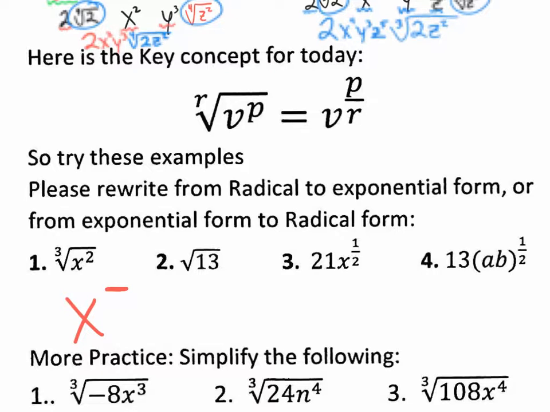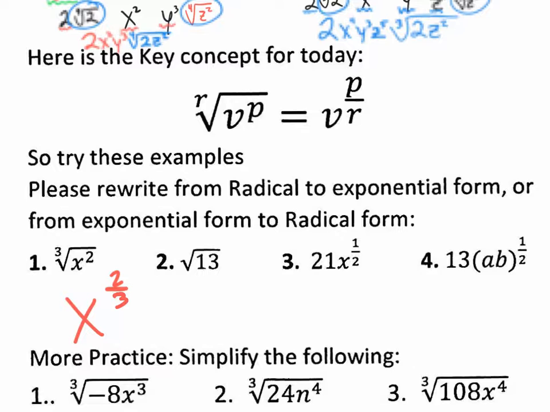So you're going to have a fraction on the exponent, and the power of 2 is going to go up there on the numerator. And the root is going to be the denominator of that fraction that's in the exponent. So the root 3 is going to be down there, and that's your answer. The cube root of x squared could be rewritten as x to the 2/3.